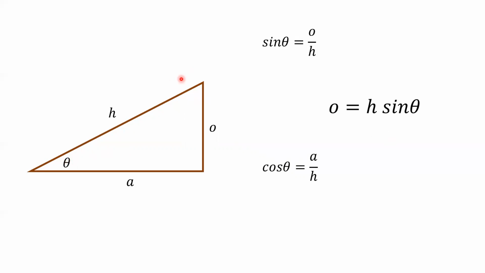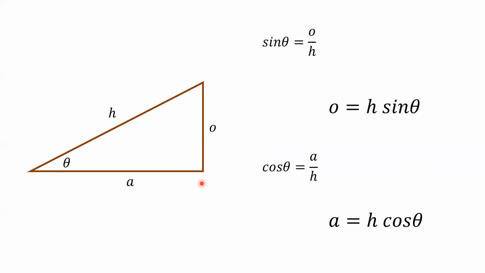Take the hypotenuse, multiply by sine of theta to get opposite. For cosine, if you're interested in the adjacent side, you would take the hypotenuse and this time multiply by the cosine of theta, and out would pop the length of the adjacent side. It's just the definition of those two trig functions as ratios, but it's written in a form that's more immediately applicable. So I would try to memorize those two.